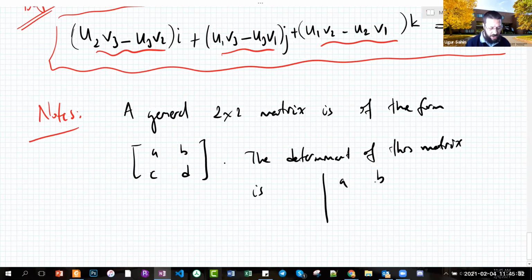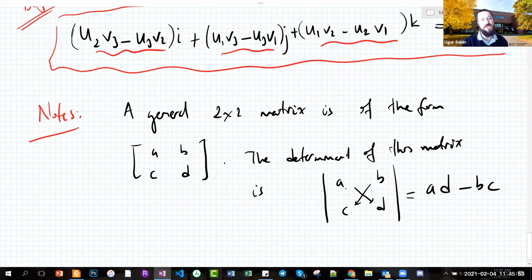This time I look at just the lines around a, b, c, d, two lines, and then the determinant will be given in this way: ad minus bc. You just multiply a by d and then b times c, and you just subtract them, guys. That is what we call the determinant of this matrix. Multiply a by d and multiply b by c and then subtract them.